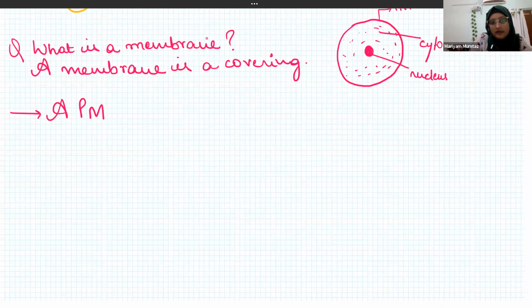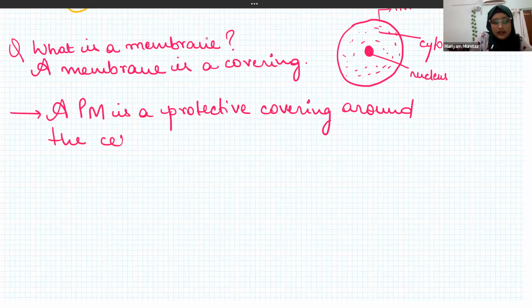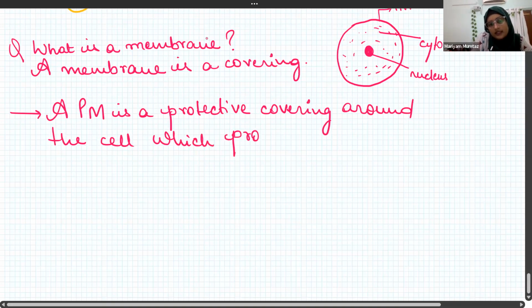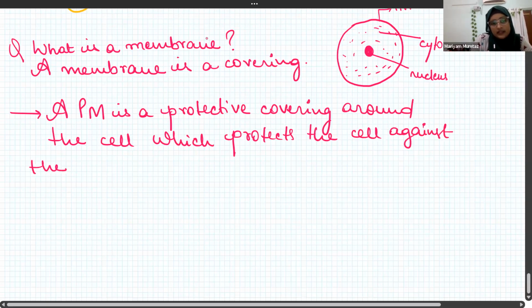A plasma membrane is a protective covering around the cell, which protects the cell against the external environment.